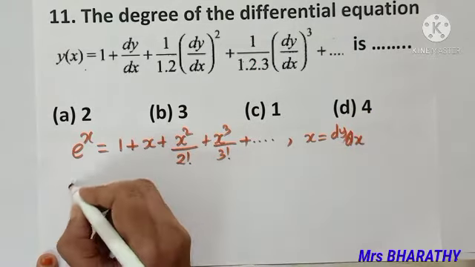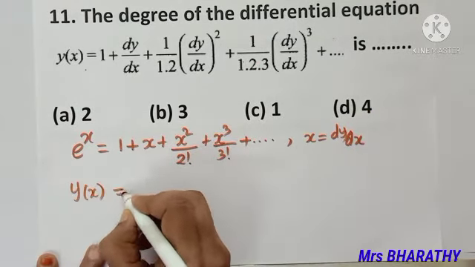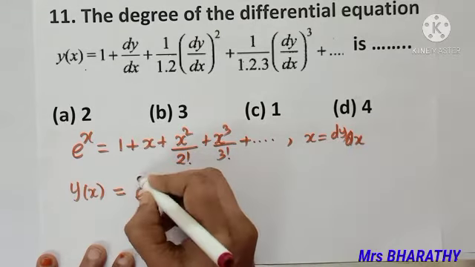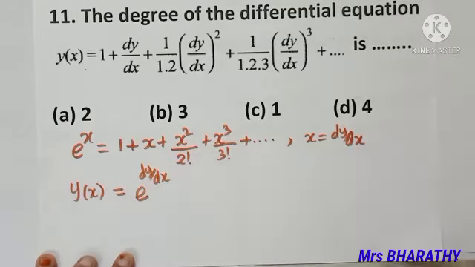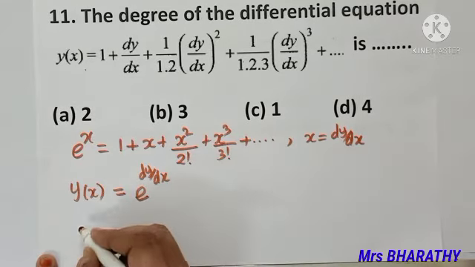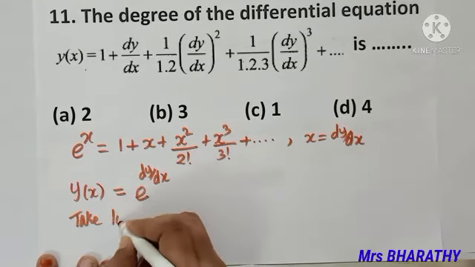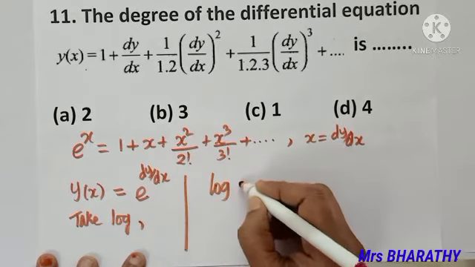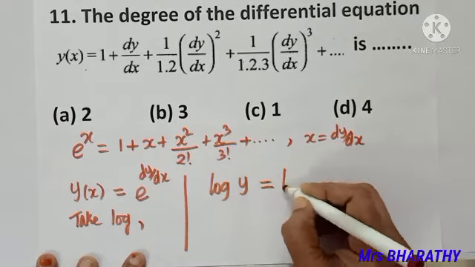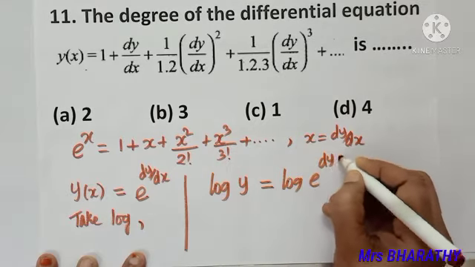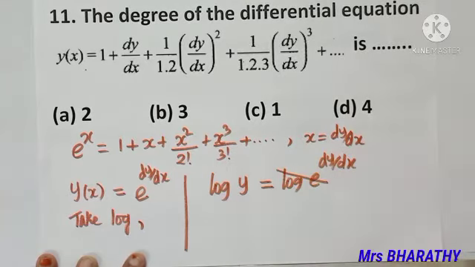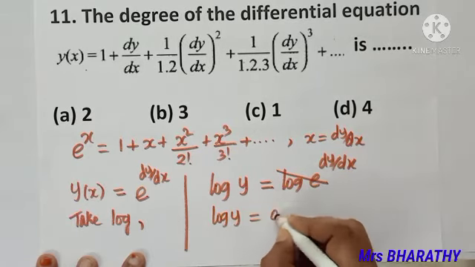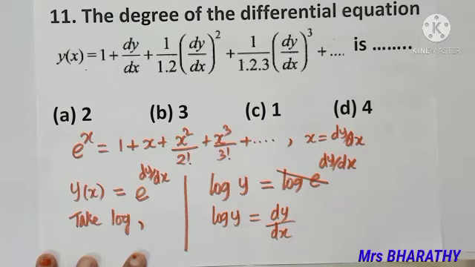So we can just write y of x is nothing but e power dy by dx. Since I don't want e, let me take log on both sides. As I take log, it is log y equals log e power dy by dx, and cancelling log e, we get log y equals dy by dx.